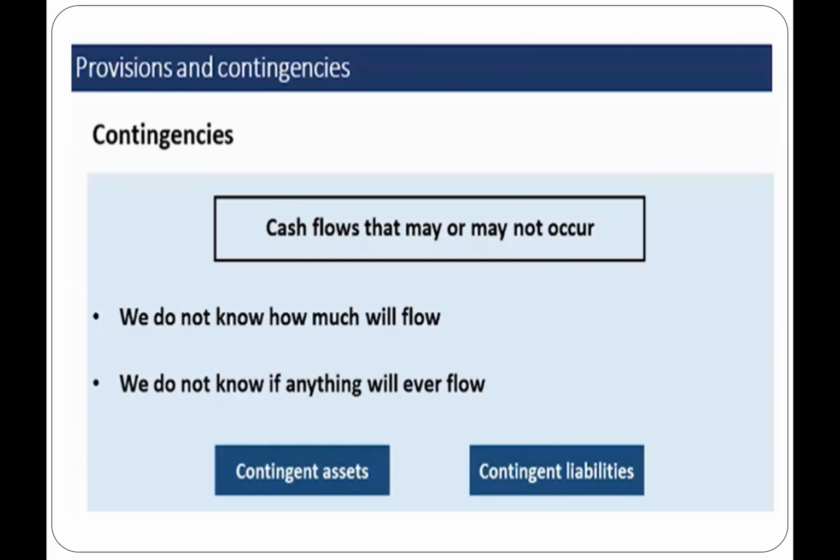Contingencies could be contingent assets or contingent liabilities. Let's say, for example, we have been taken to court by a customer, perhaps for late payment of a bill or for a defective product that resulted in harm to employees of our customer.